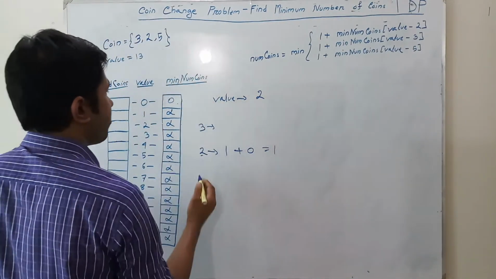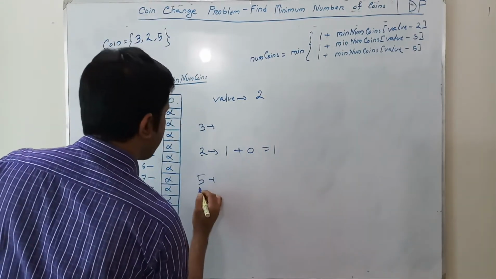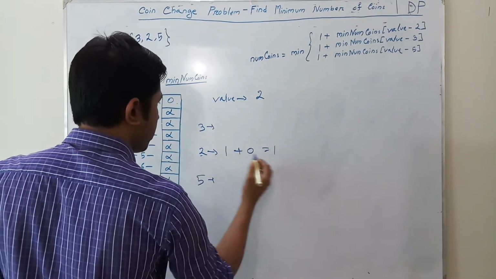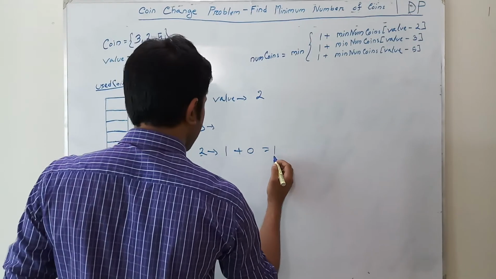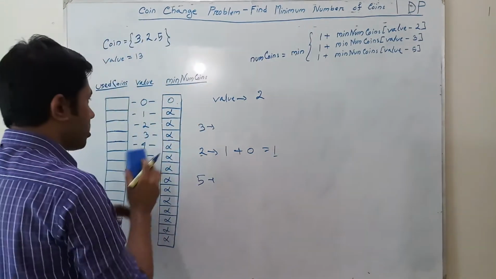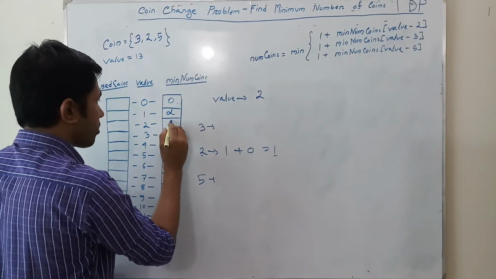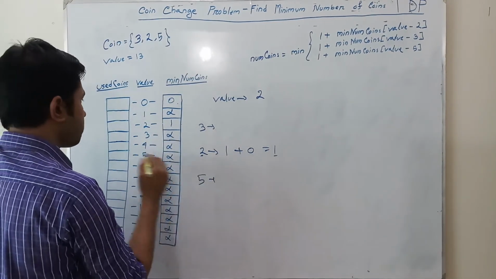We can't use the coin 5, as 5 is greater than 2. So here we use the coin 2 and the minimum number of coins is 1. We will store the value 1 for the value 2, and we have used the coin 2.